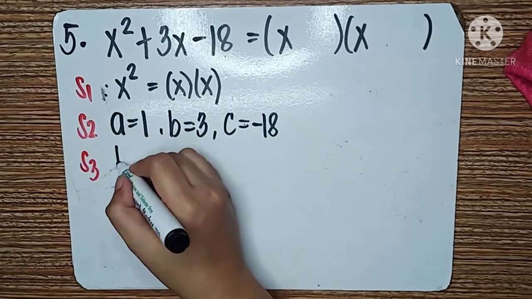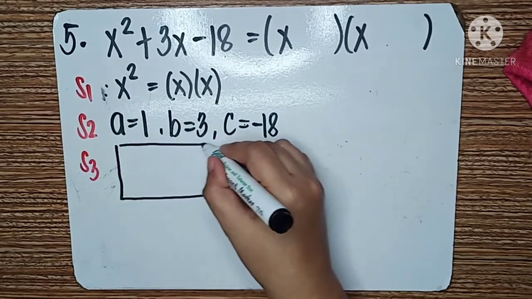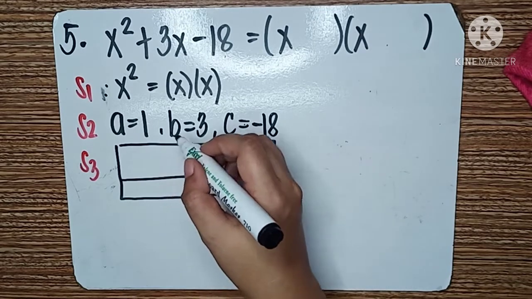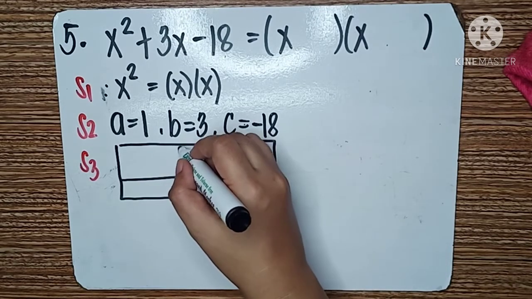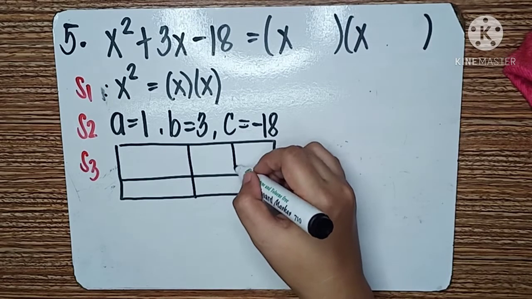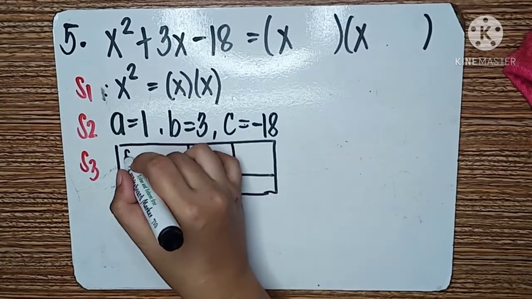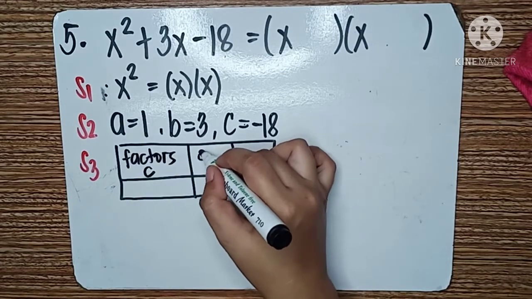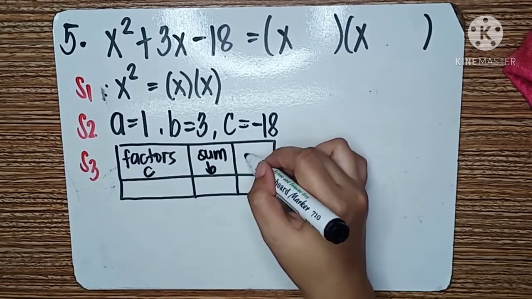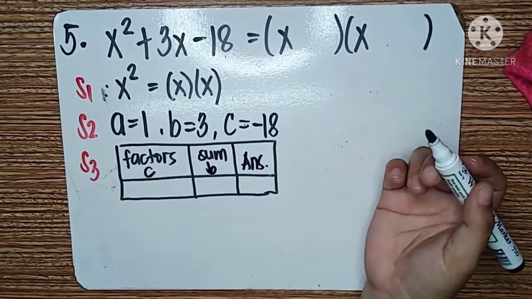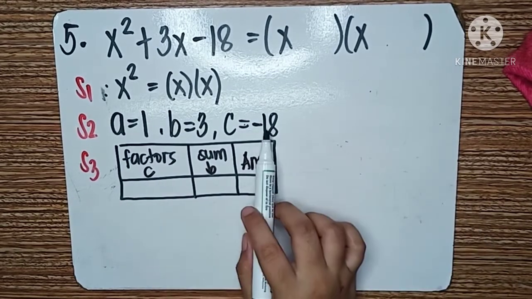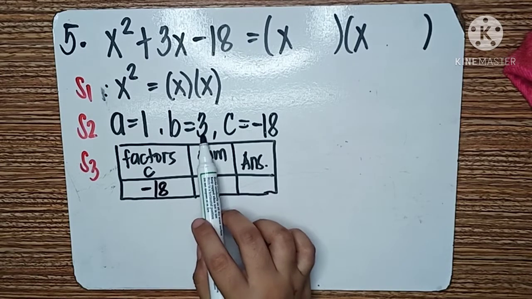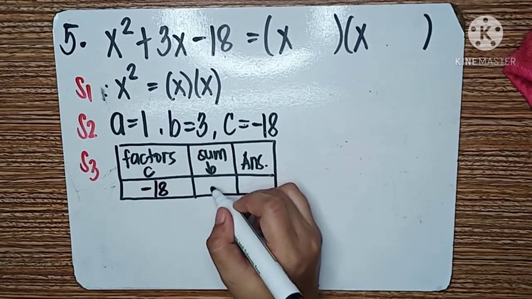We'll draw a box with 2 rows and 3 columns. So we'll write here factors of c whose sum is b and our answer. The value of c is equal to negative 18. The value of b is equal to 3.